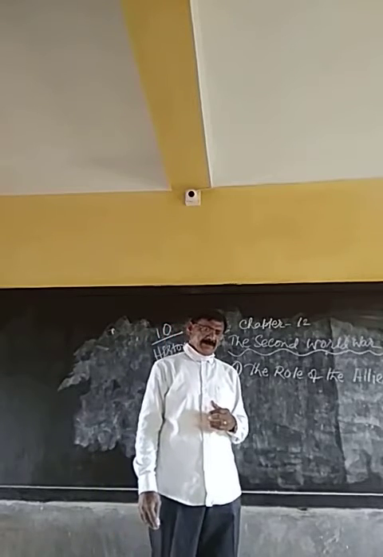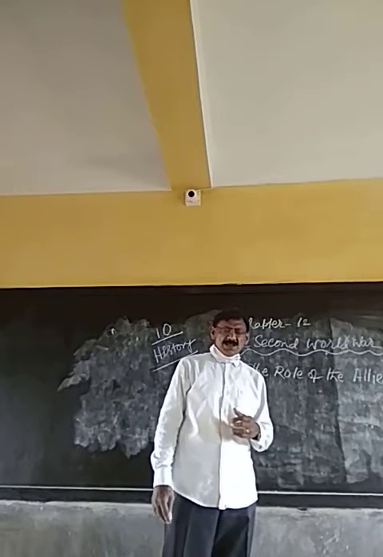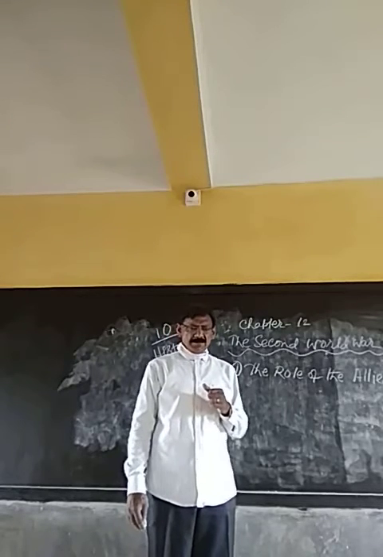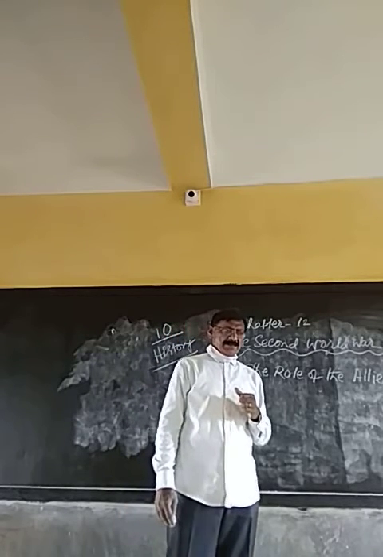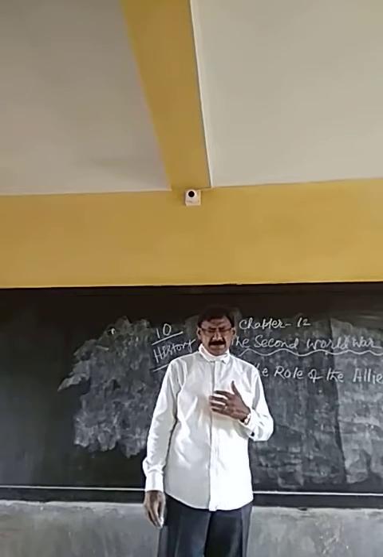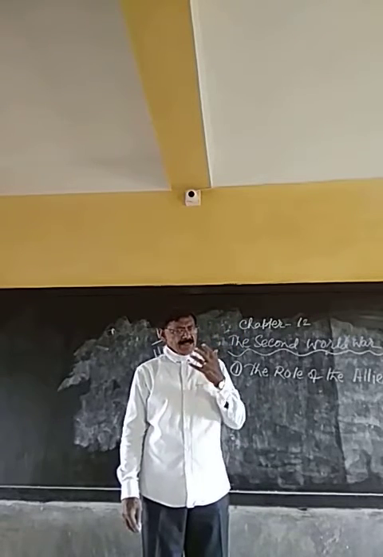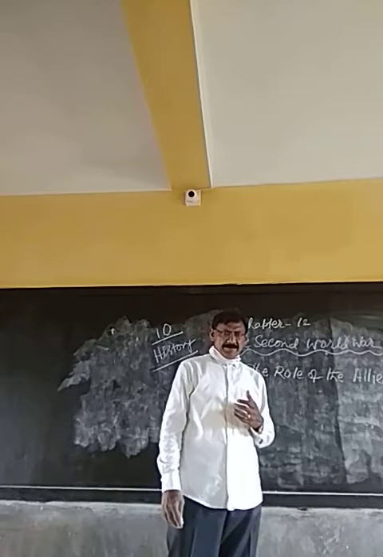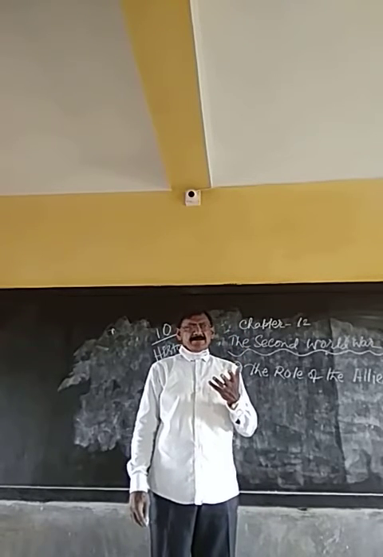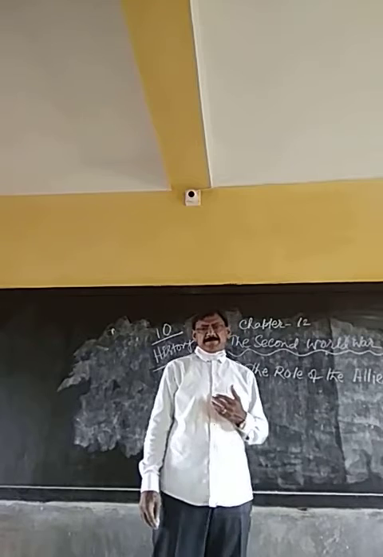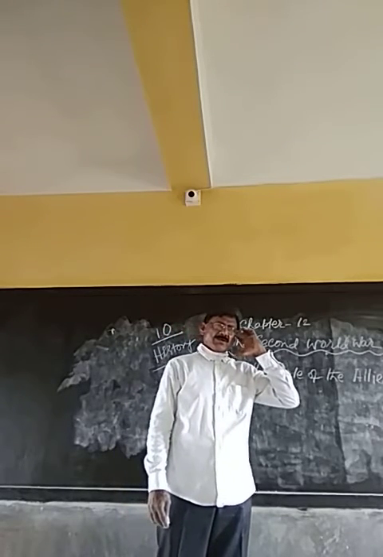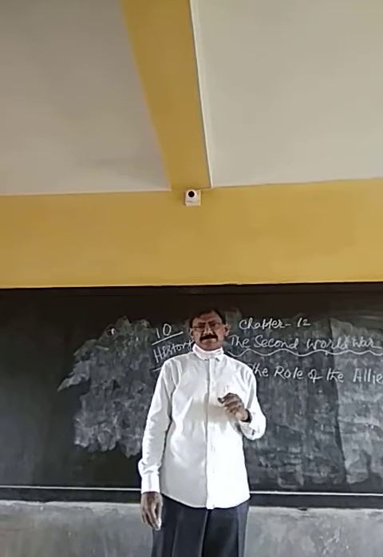Hitler decided to teach them a good lesson. Mussolini decided to take back the territories from the Allied powers. The territories of Italy were given to France. These were given to Russia.